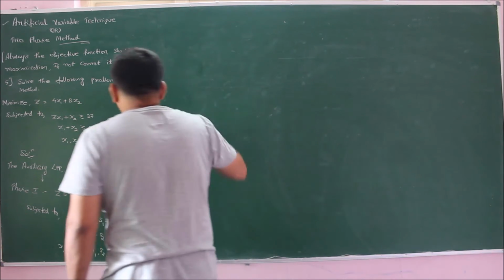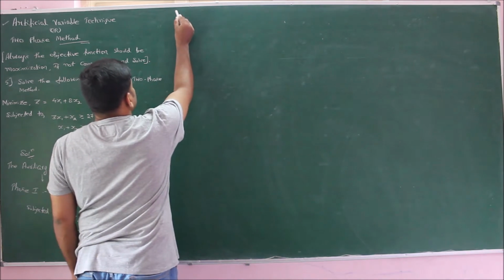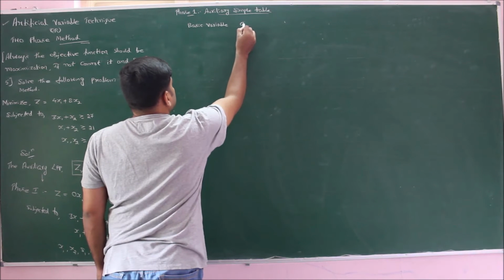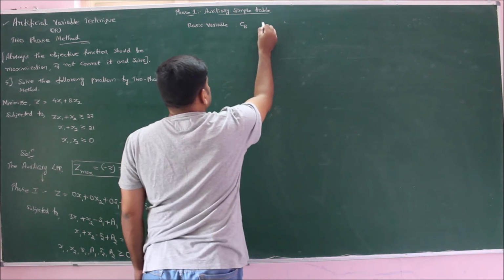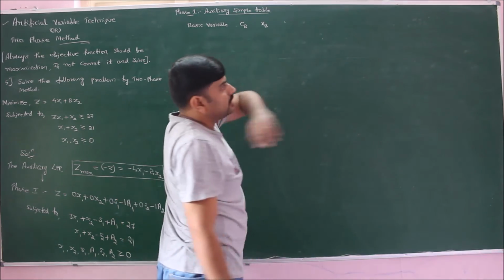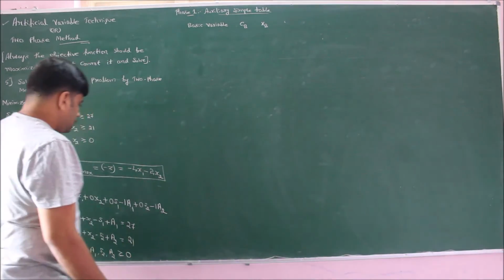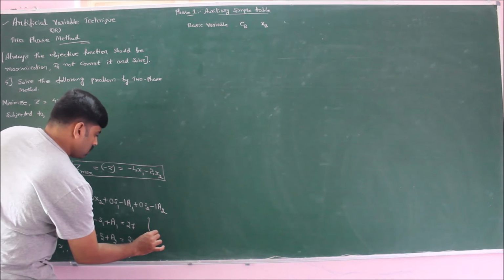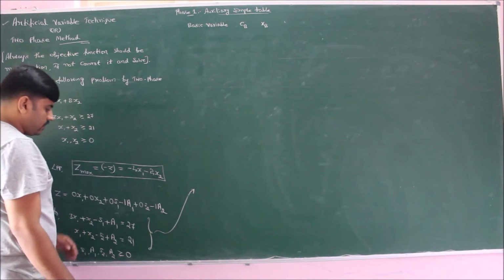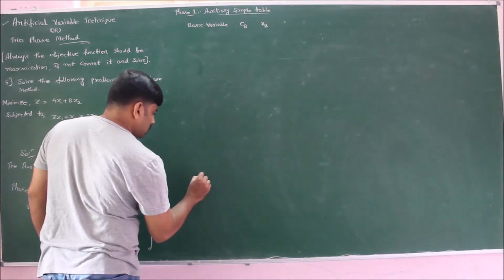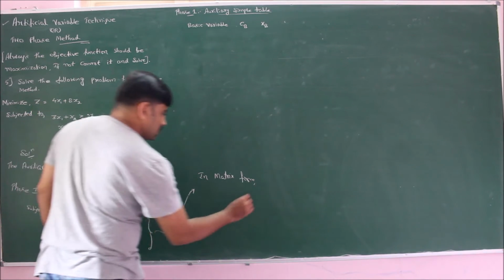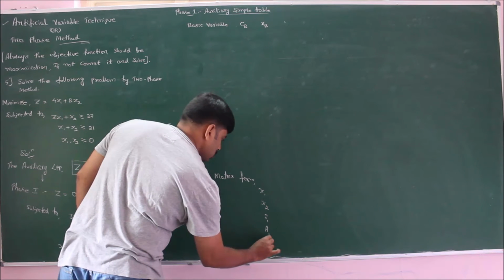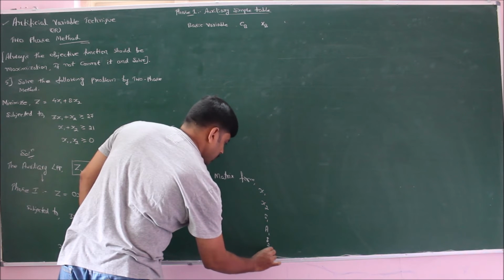Now formulating the auxiliary simplex table for phase 1, we know that the first column is always the basic variable, the second column is CB, the third column is XB, and then we will have the variables. To represent the variables, first let us represent the linear set of equations from the constraints in matrix form. The variables are x1, x2, s1, a1, s2, and finally a2.